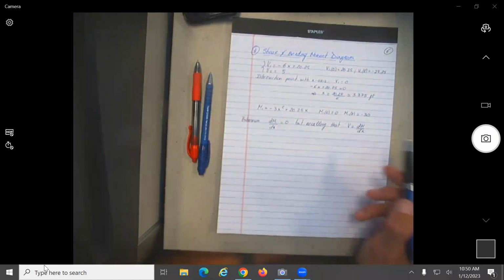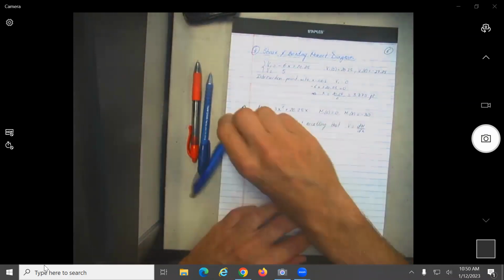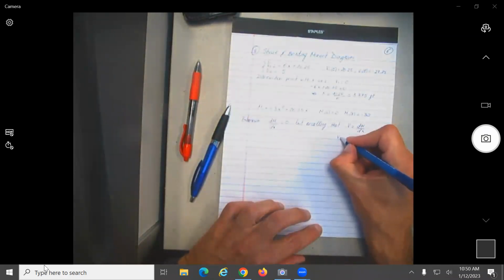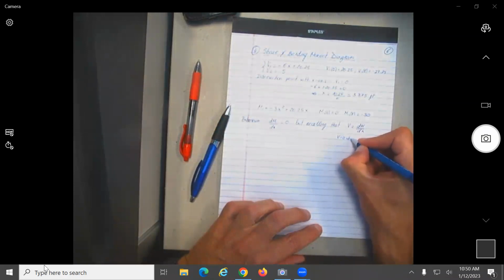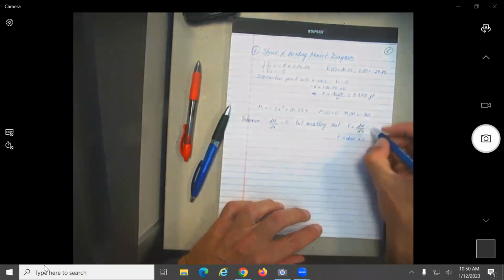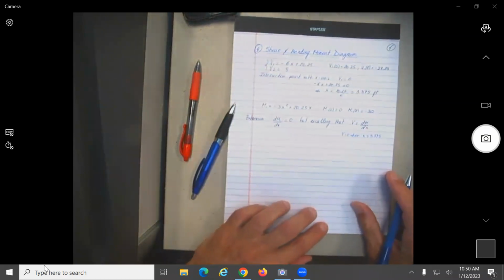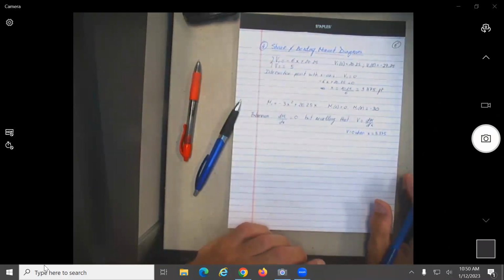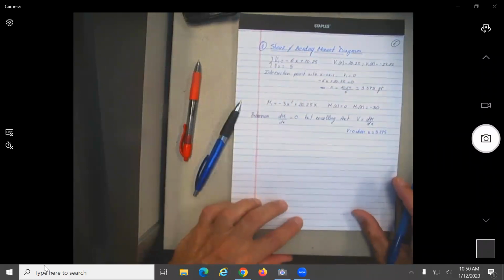So V equals 0 when x equals 3.375. You can redo it, but you're going to find the same thing.